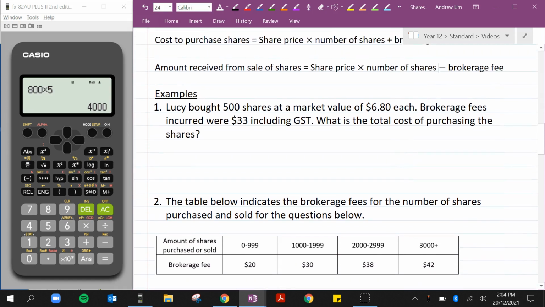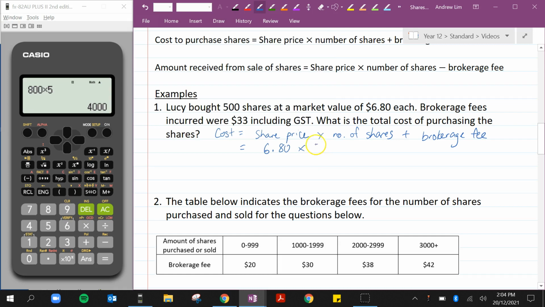Okay, so we know that the total cost is the share price times the number of shares plus the brokerage fee. Well, the share price is $6.80 each.